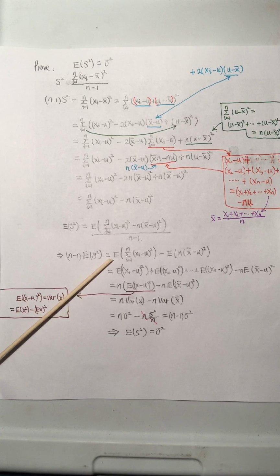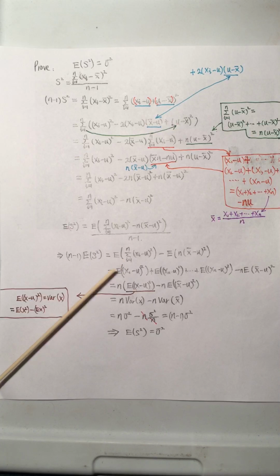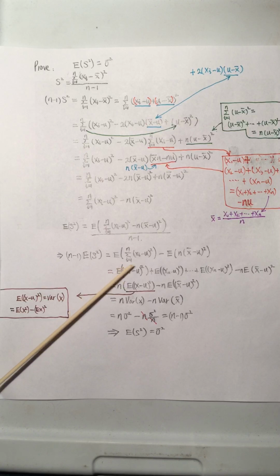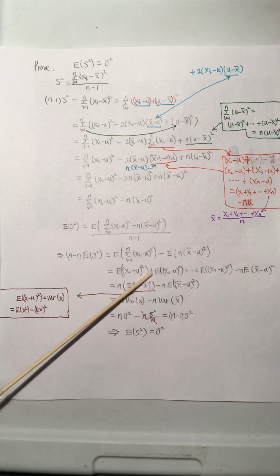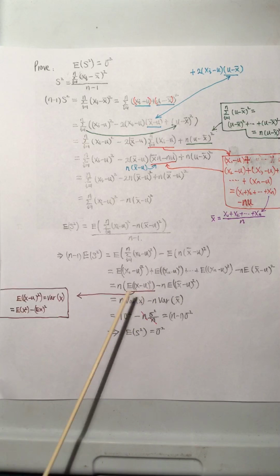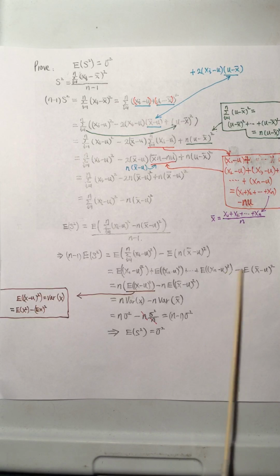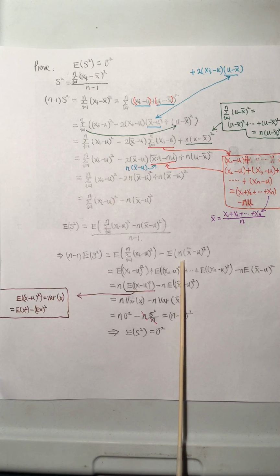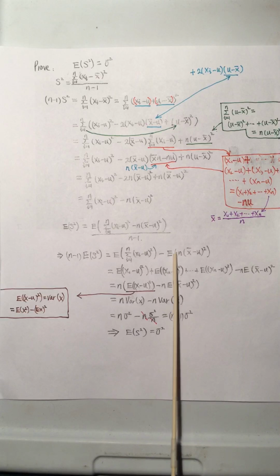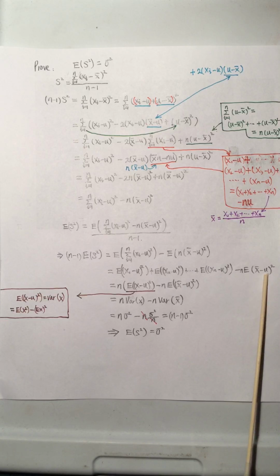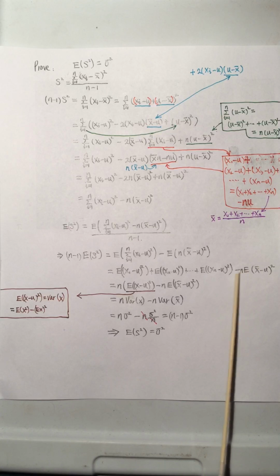Now, if we distribute the expectations and expand this term, it gives the expectation of (x1 minus mu) squared plus (x2 minus mu) squared, etc., until the expectation of (xn minus mu) squared. This term is just by moving n outside of the parenthesis. That's the definition of the expectation calculation.